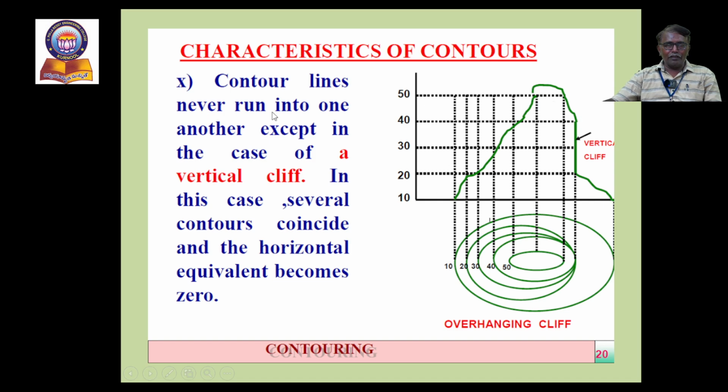Contour lines never run into one another except in the case of a vertical cliff. Contour lines will meet at this single point where the vertical cliff is. In this case, several contours coincide and the horizontal equivalent becomes 0. So many contour lines will coincide at the same point.